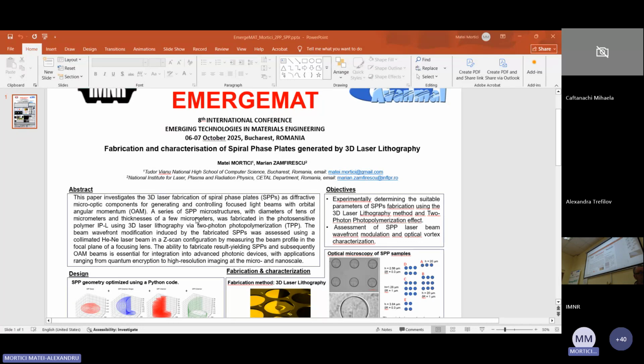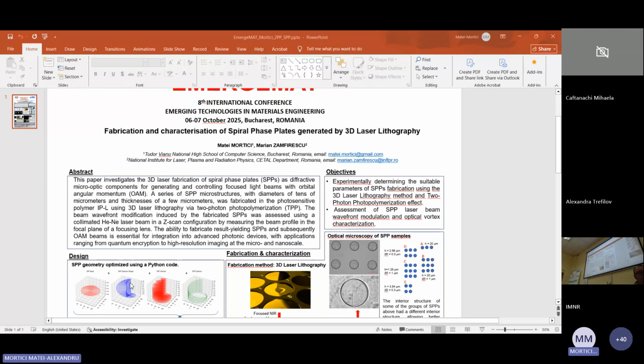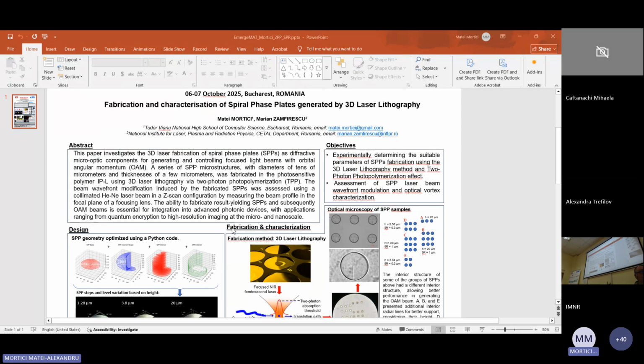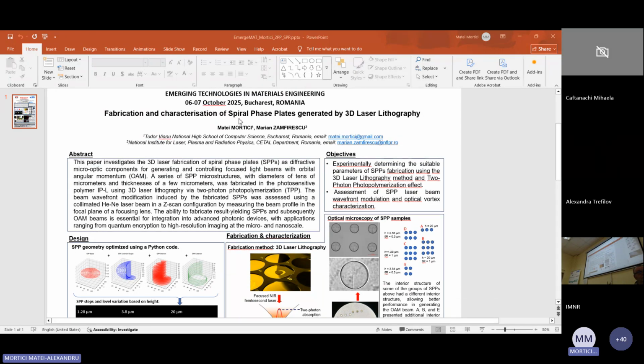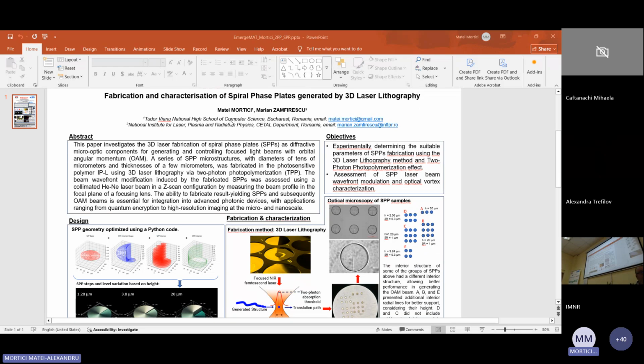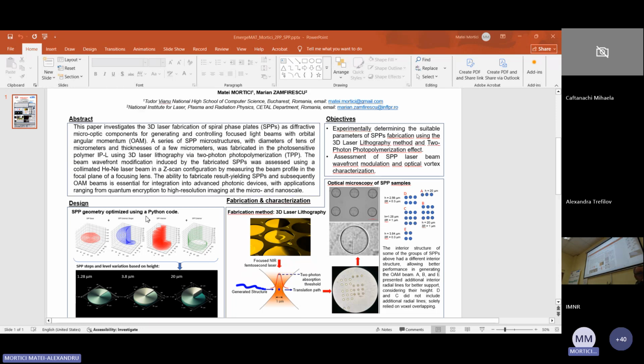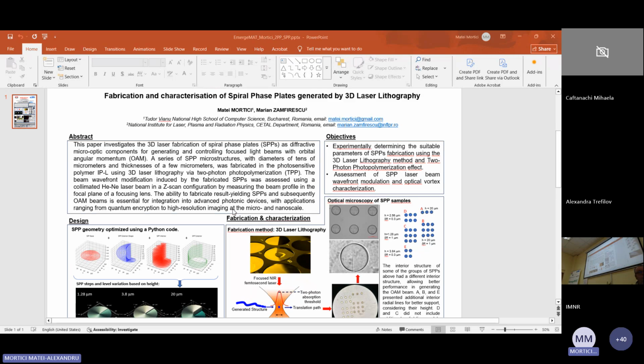Such plates introduce a phase shift that increases continuously with the azimuthal angle, and thus transform a conventional Gaussian beam into a vortex beam. We were interested in evaluating whether two-photon polymerization, a high-resolution 3D lithography process, can reproduce the spiral phase profile required for high-quality OAM generation, and which would be the ideal internal structure of such SPPs in order to generate clear OAM, orbital angular momentum beams.